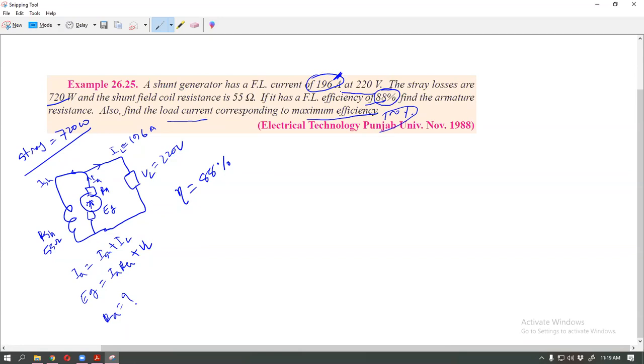Also find the load current corresponding to the maximum efficiency. But for maximum efficiency, meaning efficiency 100%, then what is your load current? This is the second part.